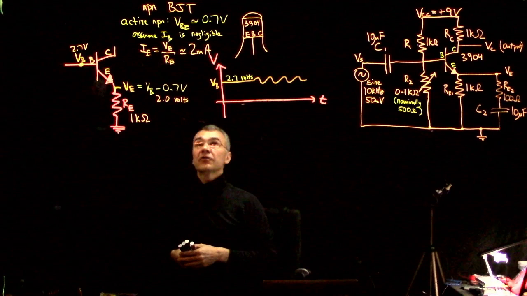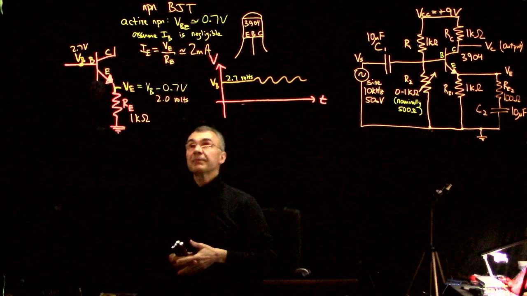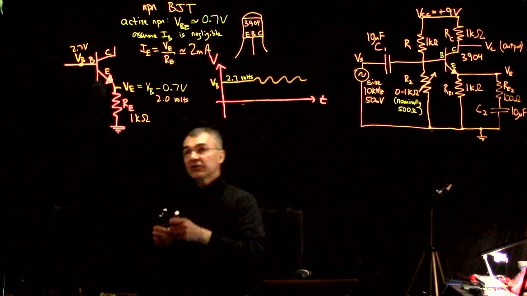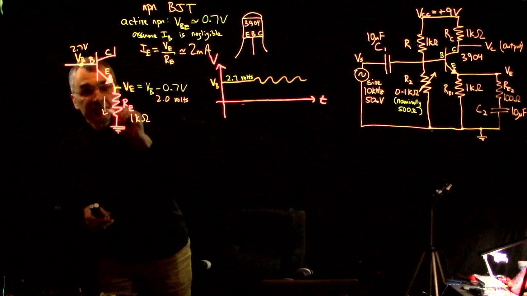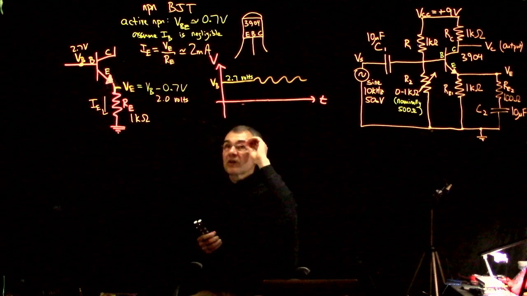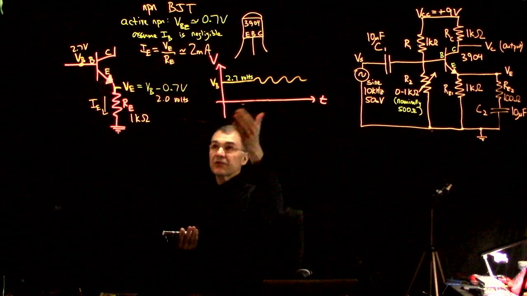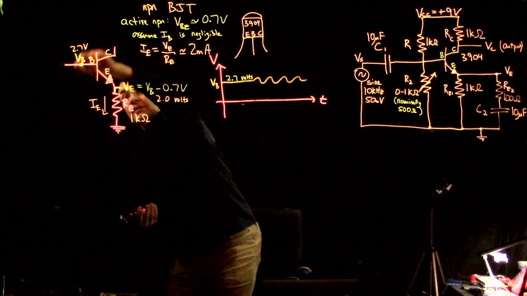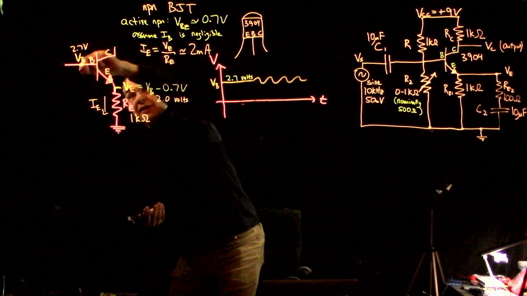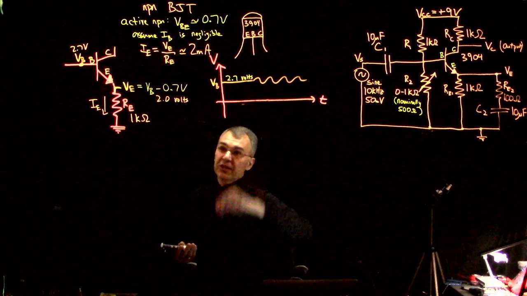So, okay, I'm kind of making this up as I go, but I think this way you can see what I'm thinking. So now that lets us determine this emitter current. So far it's the same way we analyzed the emitter follower. And then remember that once we allowed for an AC signal, then as VB goes up and down, VE goes up and down the same amount because this diode drop stays quite constant.